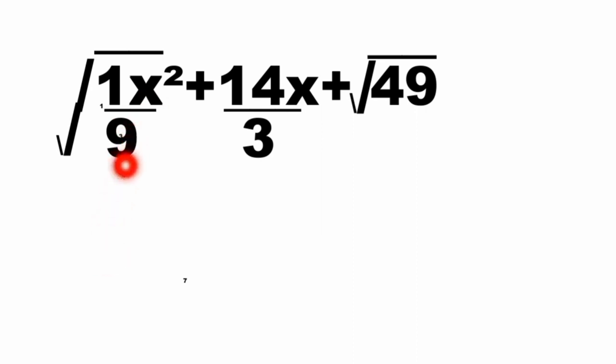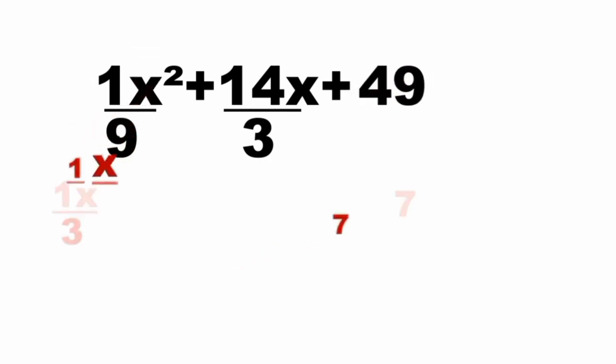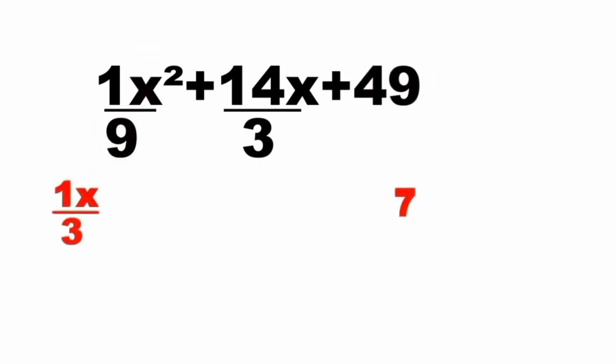The square root of 1x squared over 9 is 1x over 3, and the square root of 49 is 7. So we have here 1x over 3 and 7, and the middle term we're going to derive.